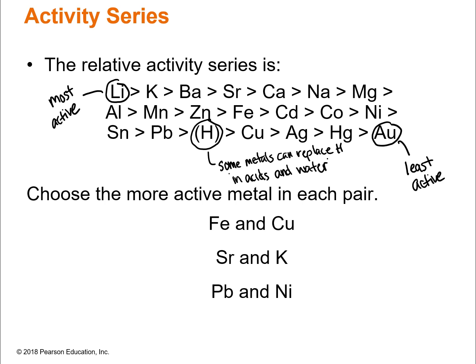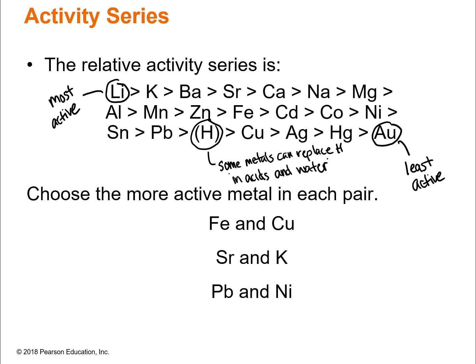So this gives you an idea of which metals can definitely replace hydrogen in acids. Water is a little bit different. And I talk about the aqueous acid replacements, which are a type of single replacement, and active metals more specifically in the YouTube video. But we don't have time to go through all of that here today.